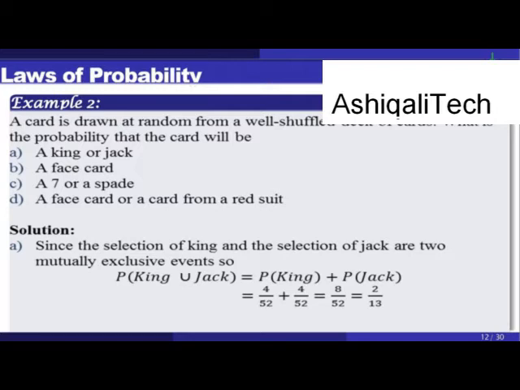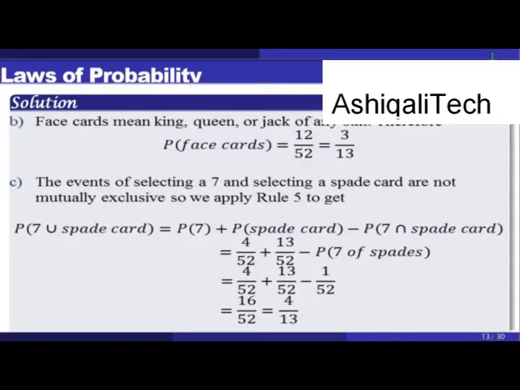Similarly, we have 4 jacks, so probability of jack is 4 over 52, so we get 8 by 52, that is 2 by 13. In the second part, face card means king, queen or jack of any suit. Therefore, probability of face card will be 12 divided by 52. Since we have total 12 face cards, so it is given by 3 by 13.